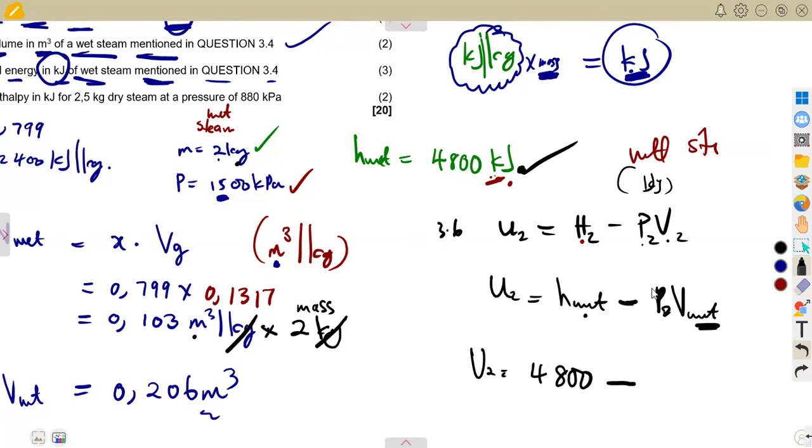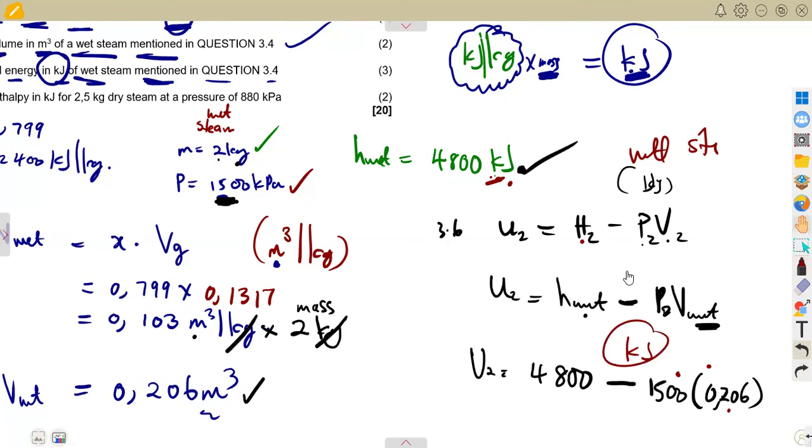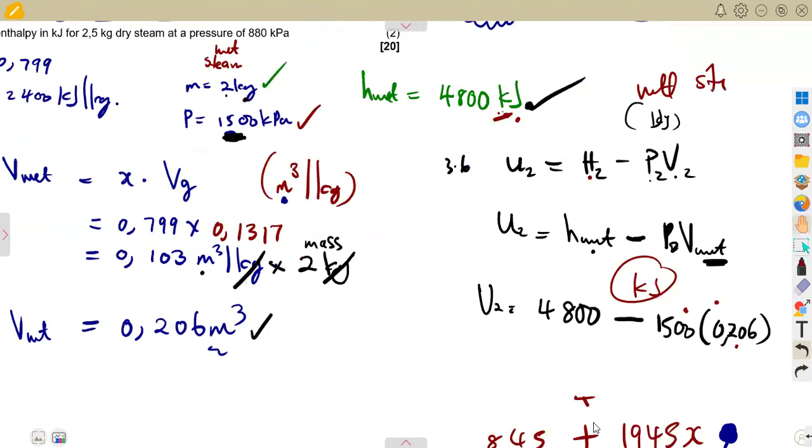The P2 there is the pressure corresponding to when the steam is wet, which is 1,500, times our V wet in cubic meters. Remember, pressure times volume would give kilojoules per kilogram, but because the volume we are taking is not per kilogram, our answer directly here is going to be in kilojoules.